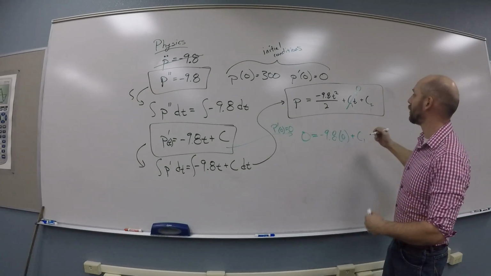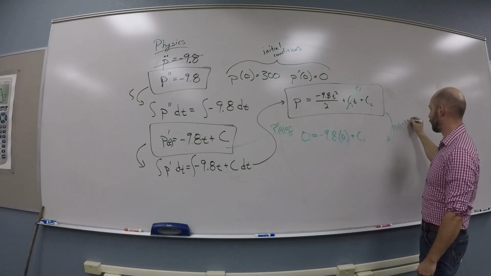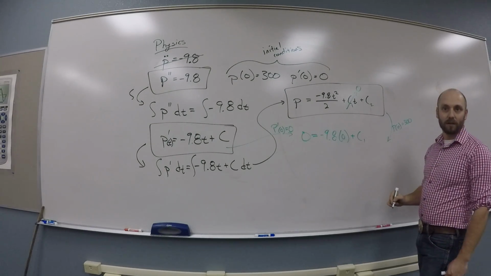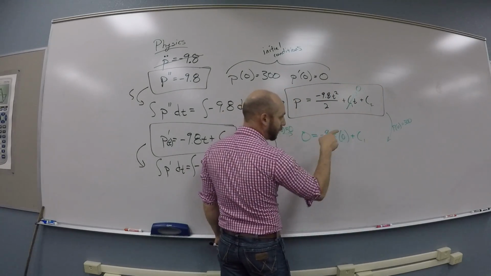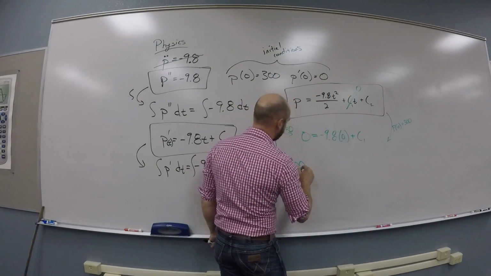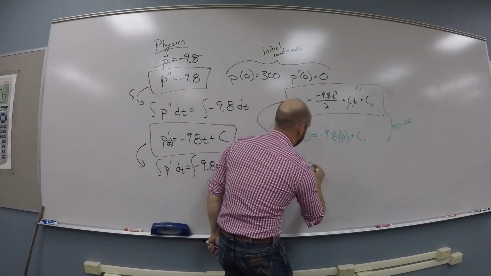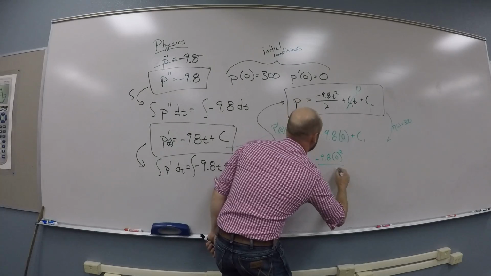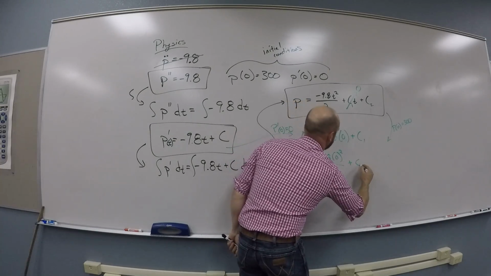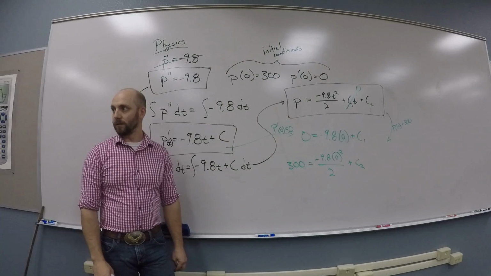And then you can also leverage your P of 0 is 300. So when t is 0, P is 300. So 300 is minus 9.8 times 0 squared over 2 plus C2. You see that?